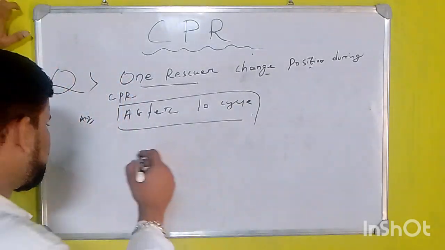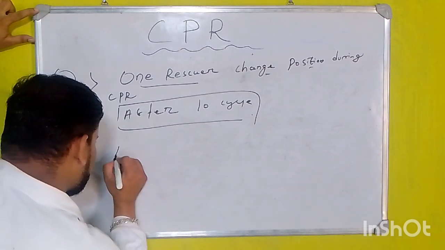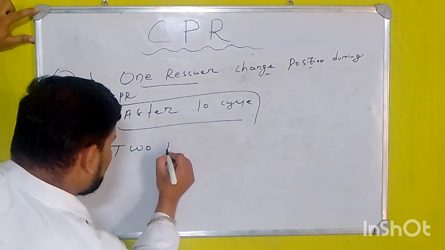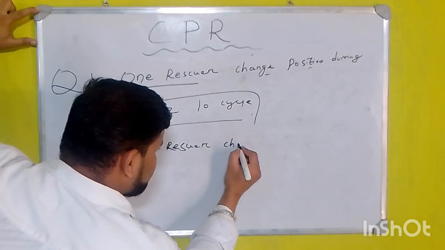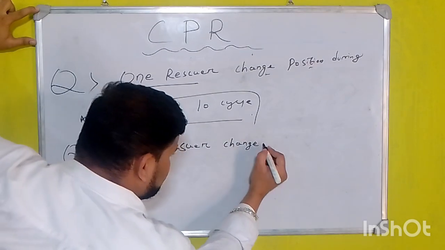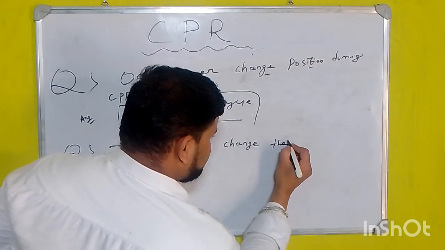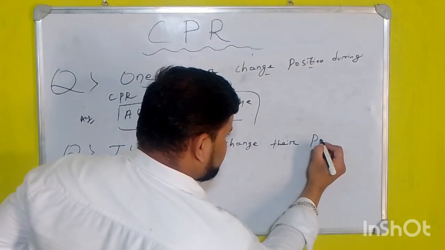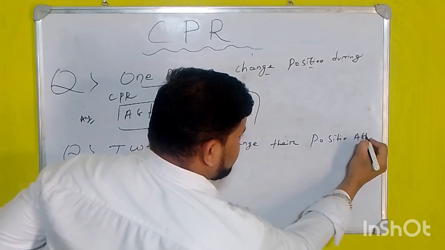And the second question is, two rescuers change their positions after how many cycles?